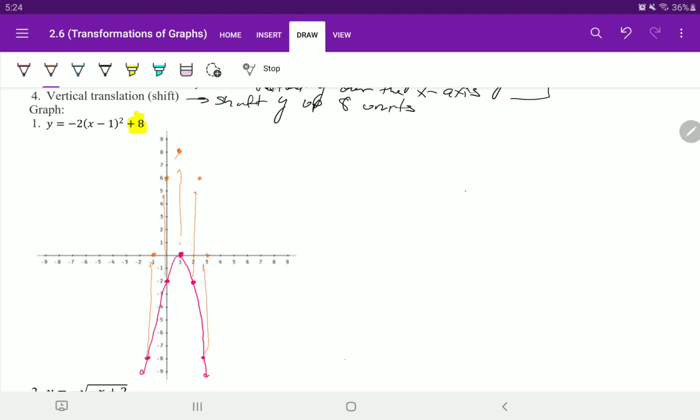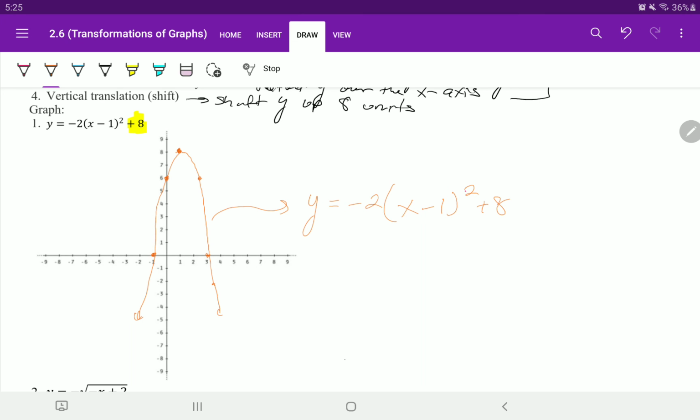Nope, let's redo that. And erase anything else that we don't need anymore. And this is my graph. y equals -2 times (x minus 1) squared plus 8.